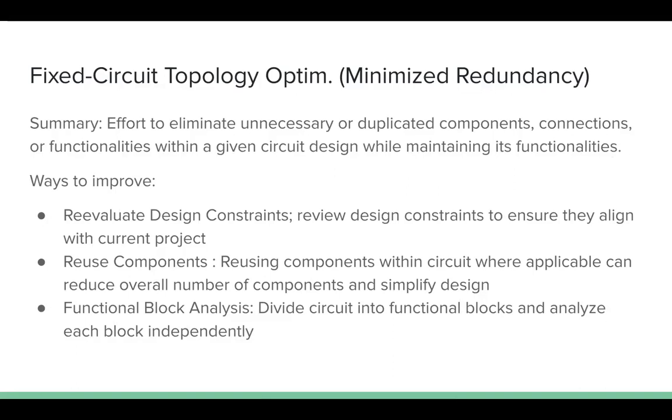You can also reuse components, where reusing components within the circuit where applicable can reduce the overall number of components and simplify the design, as well as functional block analysis, which divides the circuit into functional blocks and analyzes each block independently.